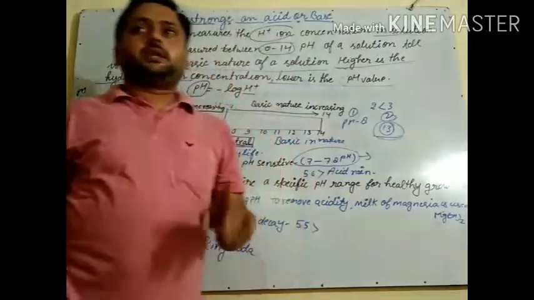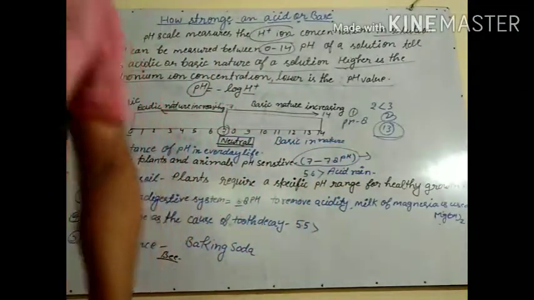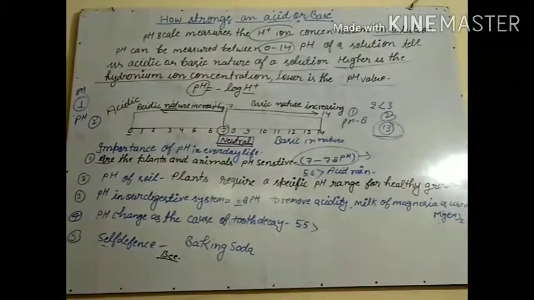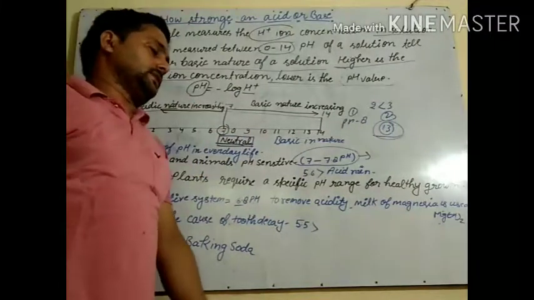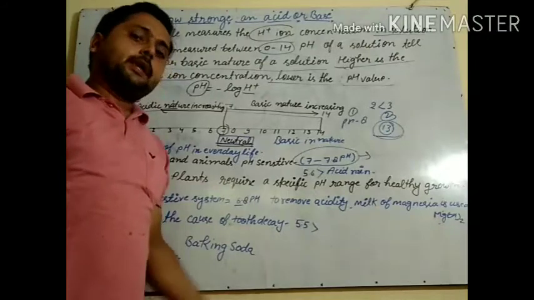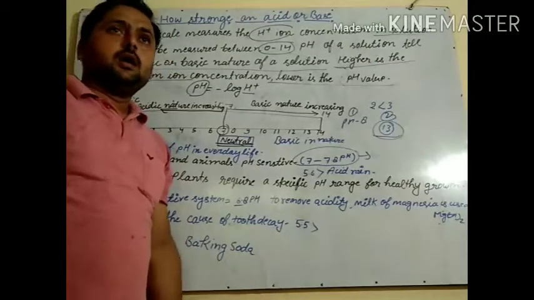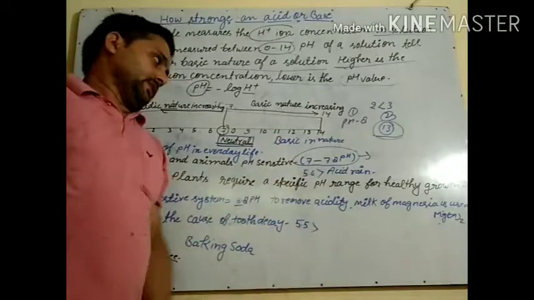Due to acid rain, many organisms are affected. So what we have seen is that not all pH is useful for plants as well as for animals. We can't survive at all pH.